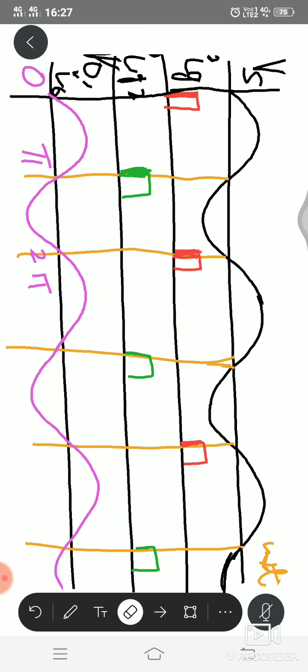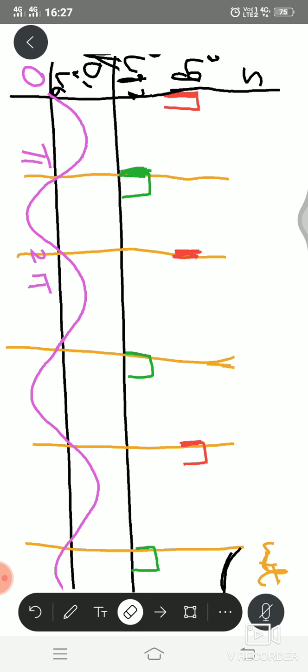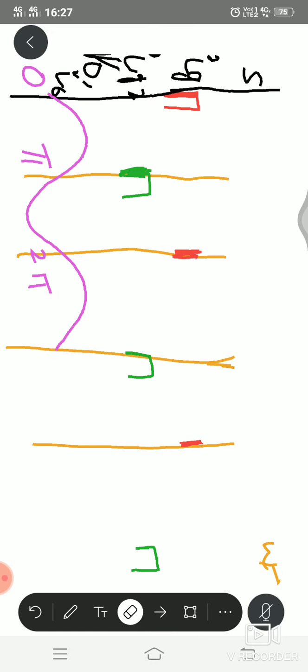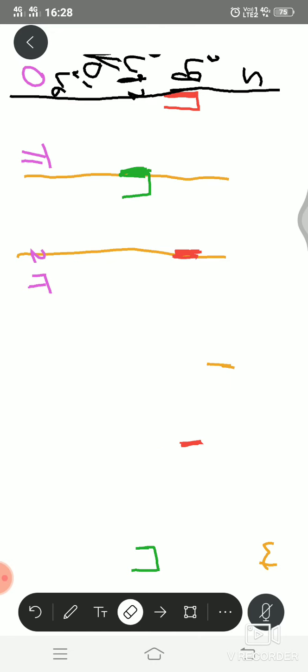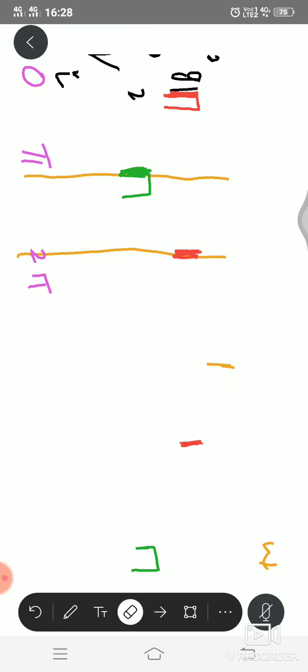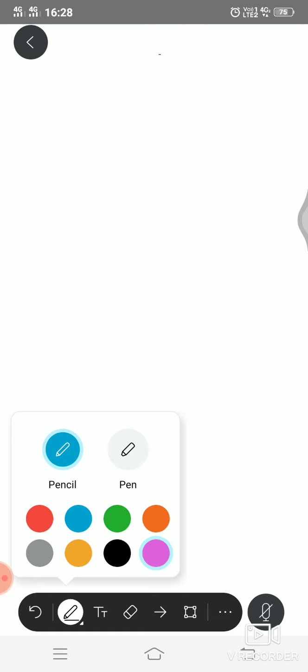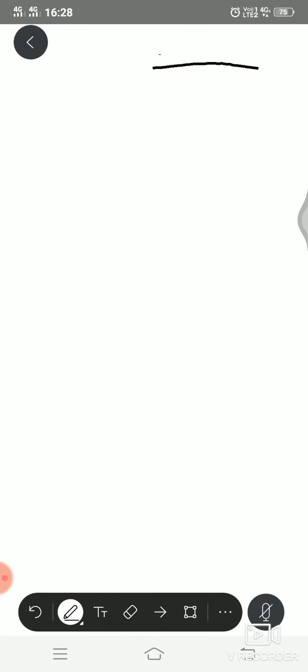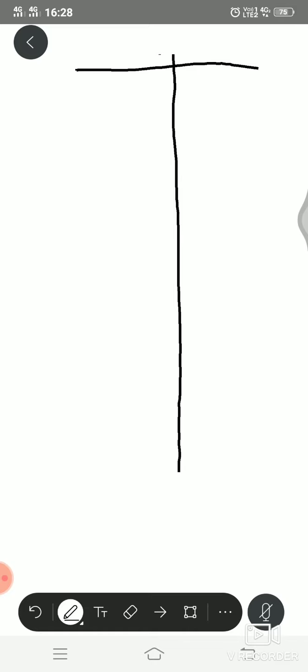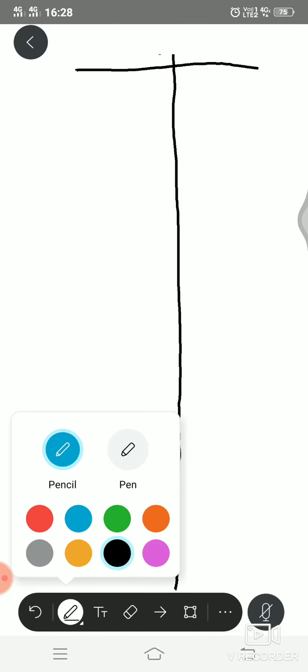Okay, let me draw V naught and I naught once again. Here I am only drawing V naught and I naught because space is not sufficient enough.